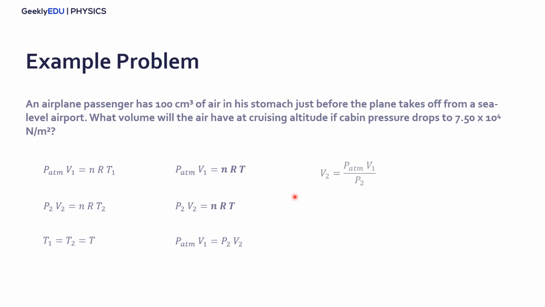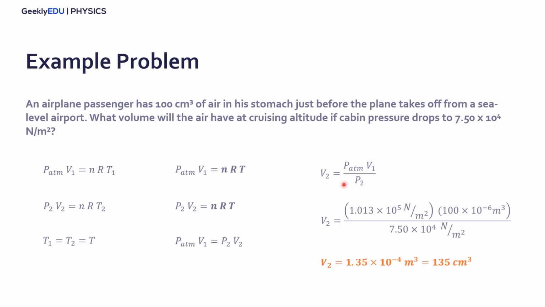Well, now we can isolate V2 and insert the values. We have the pressure, the atmospheric pressure at sea level here. Okay, we have V1, 100 cubic centimeters, and we have the pressure number 2. We can calculate the pressure here, it's around 135 cubic centimeters.